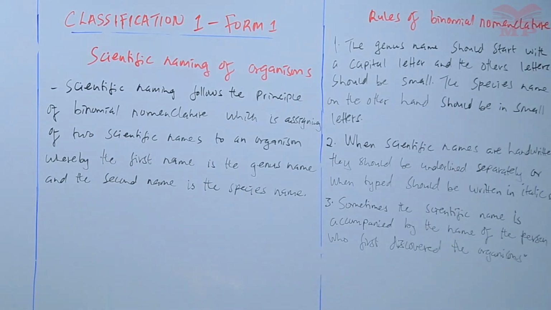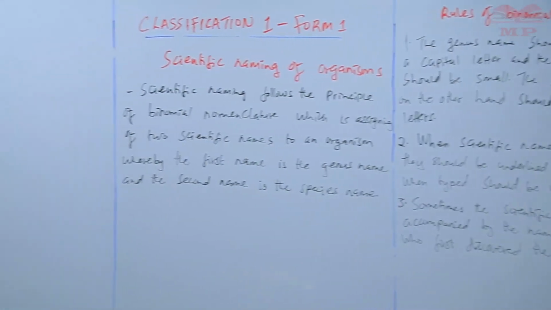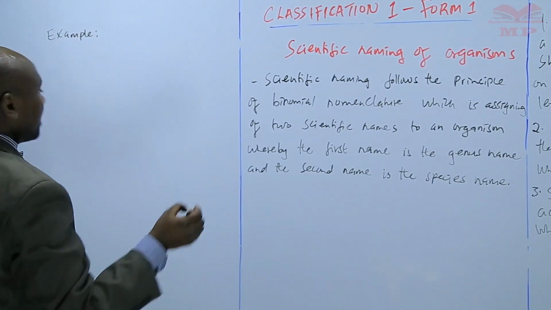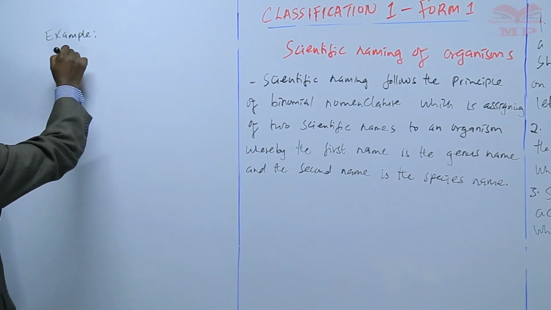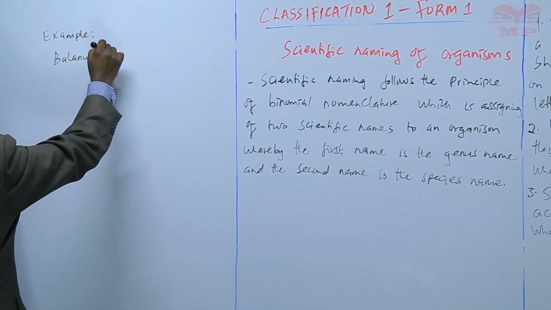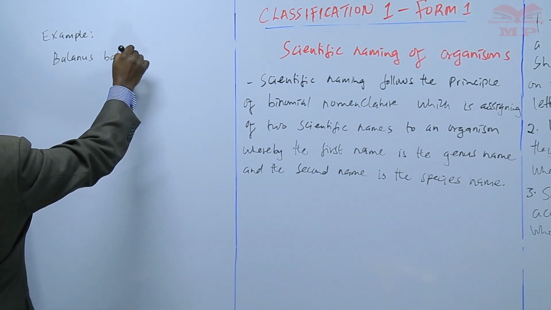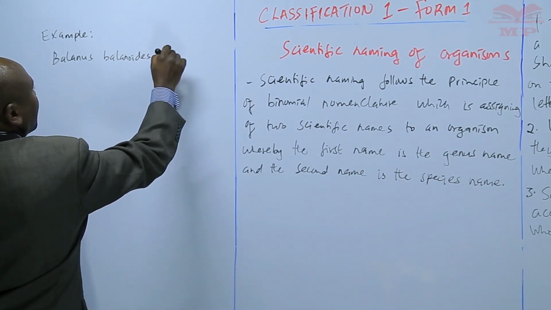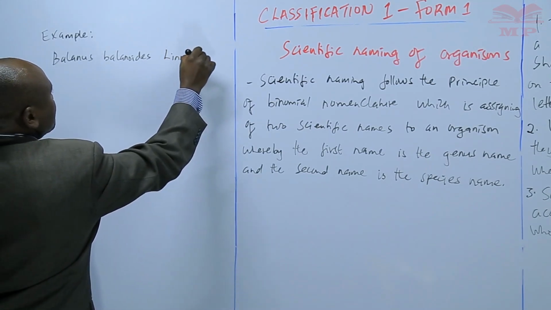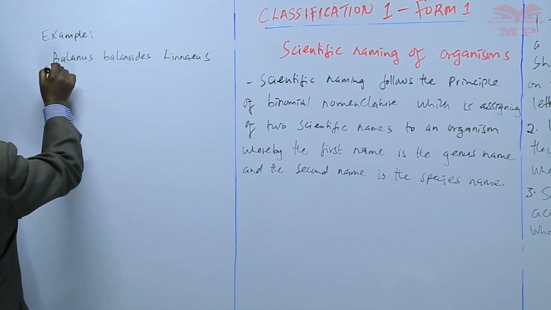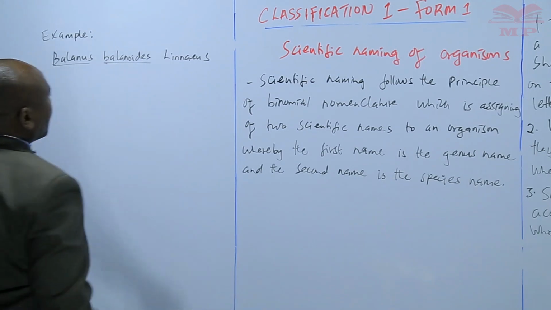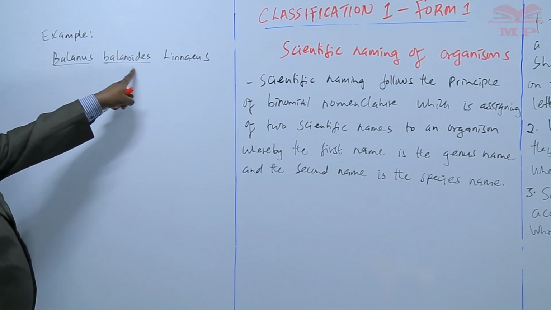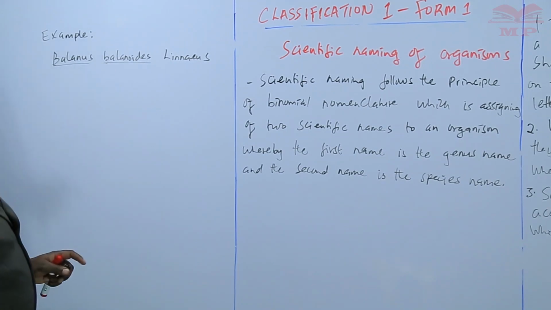And we want to give an example. We have Balanus balanoides Linnaeus. So the first two names are the scientific names, that is the genus name, and the second name is the species name.